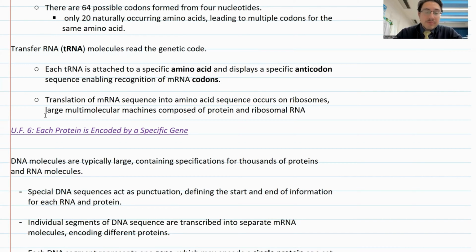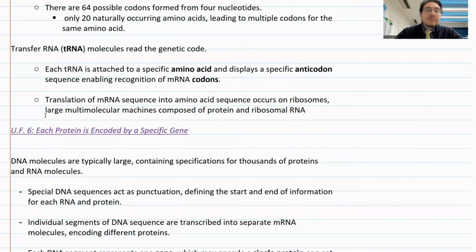A tRNA is another type of RNA that is referred to as transfer RNA. It's a small molecule that on one side has a small set of 3 nucleotides that binds to the codon, referred to as the anticodon. And on another side of the molecule, you have one amino acid.